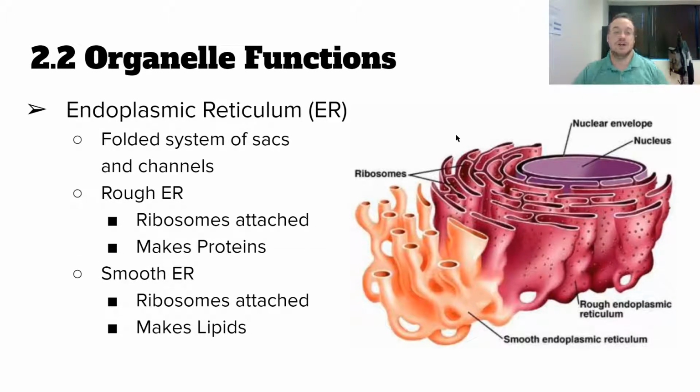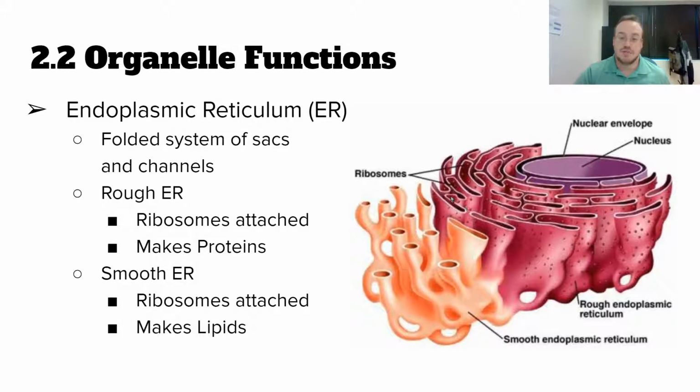All right, so that does lead us to the endoplasmic reticulum, which is kind of a weird sounding word. It just is a folded system of sacs. So instead of being a double layer, this is generally a single layer, right? And this diagram here, this figure, shows you how it's connected to the nucleus.